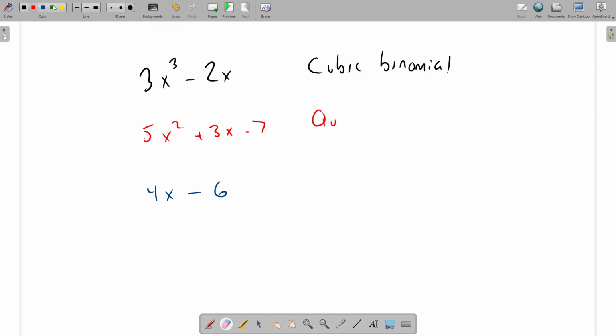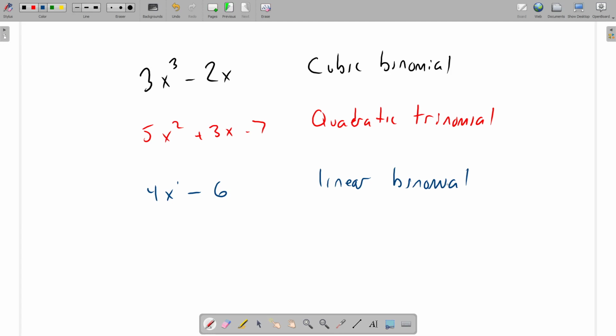It's the reason why I am a math teacher. Quadratic. And if we're naming it based on the number of terms, trinomial. And then finally, with the degree of 1, if we're naming this based on the degree, this would be a linear. And if we're naming this polynomial based on the number of terms, binomial.